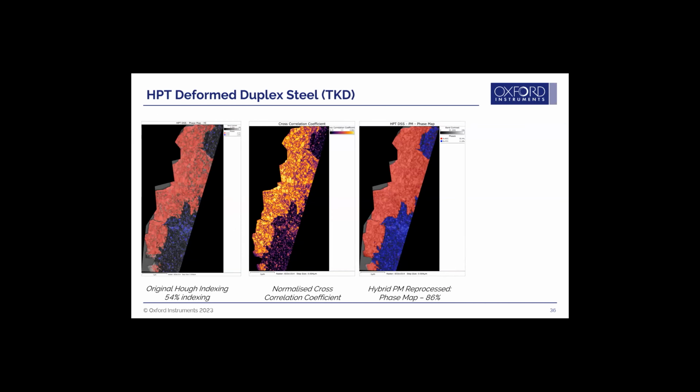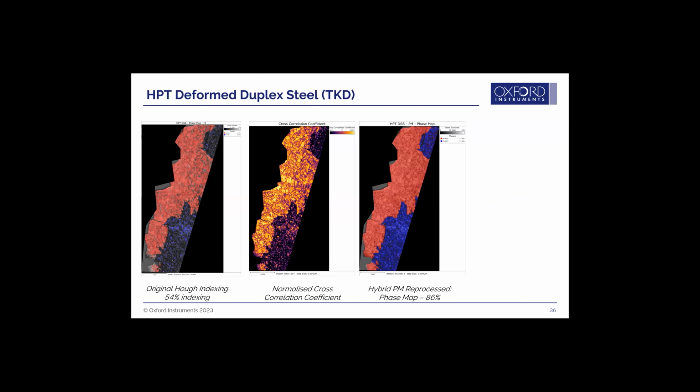This is an example with a highly deformed duplex steel. It was high pressure torsion tested, and what you're looking at on the left is the original Hough indexing. If you look at your BCC in red, it's a decent job, not something you have to go back on, but the FCC is a very poor analysis.